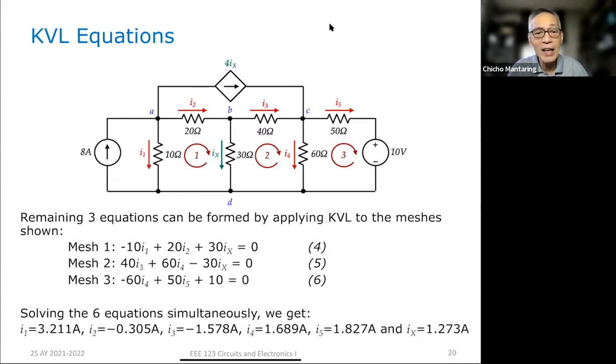Pero hindi na niya kaya pag 6 equations in 6 unknowns. But there are other tools online to solve for 6 equations in 6 unknowns. Otherwise, you're going to have to use the techniques you learned in algebra. So solve nyo yung 6 equations, and this is what you should get. Are there any questions?